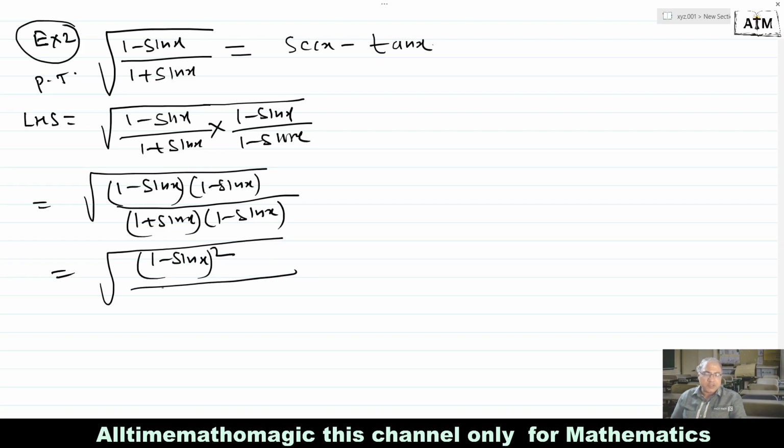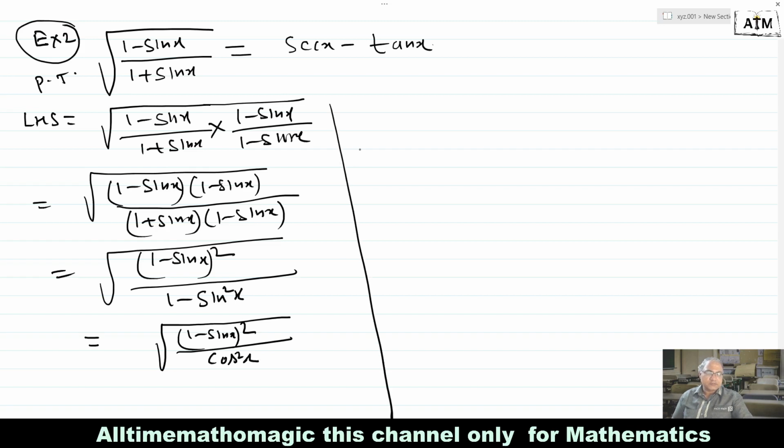and here is (a plus b) into (a minus b), that equals a square minus b square, like the earlier case. So both are under root, that is (1 minus sin x) whole square, and 1 minus sin square x is nothing but cos square x. Both are under root, therefore LHS equals, the root will go out because they are in square form, and here is cos x.